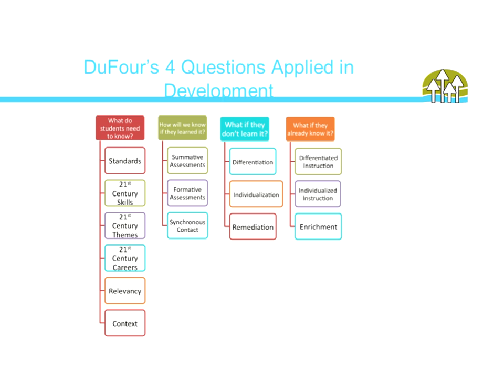Thank you, Darlene. So our courses are designed with DuFour's 4 critical questions in mind. First, what do we expect our students to learn? Our courses are developed with a backwards design, so teams will evaluate their course content standards, the 21st century skills, themes, careers, the relevancy of the content to students' lives, and the context in which students will learn the standards when they're initially mapping out the course on standard mapping documents and when they're pre-planning for each module and lesson.